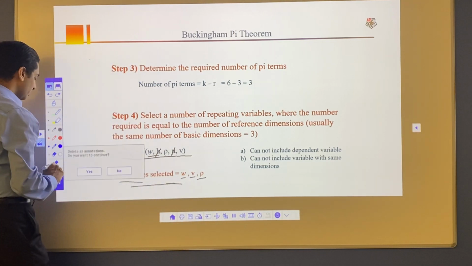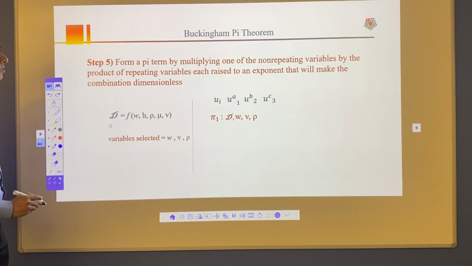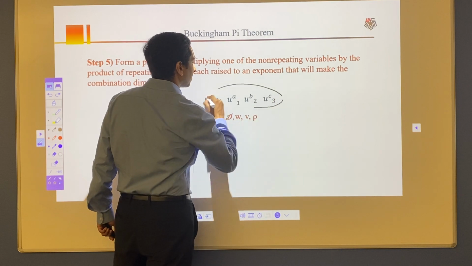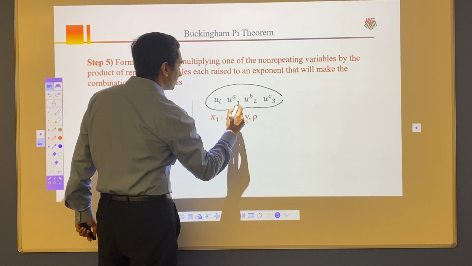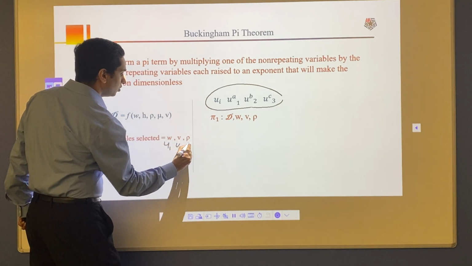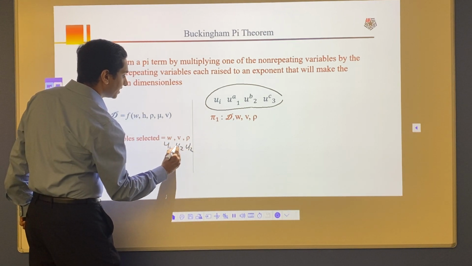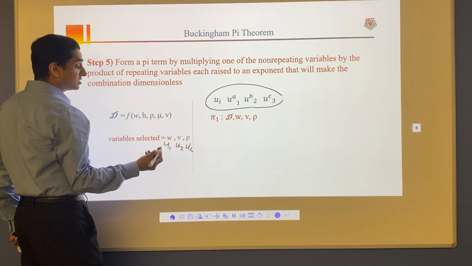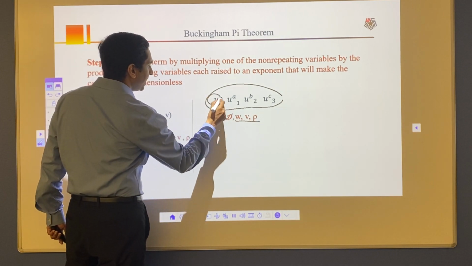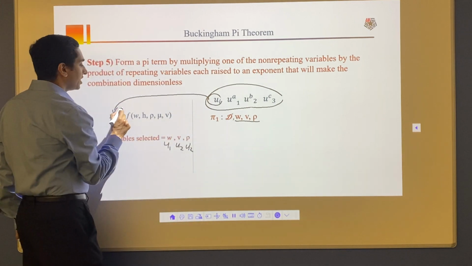Once I select these variables, I move on to step 5. In step 5, you need to remember this part: U1, U2, U3, which are nothing but what you selected in the earlier step 4. I'm going to write that down here, and then U is nothing but your dependent variable, the drag force.